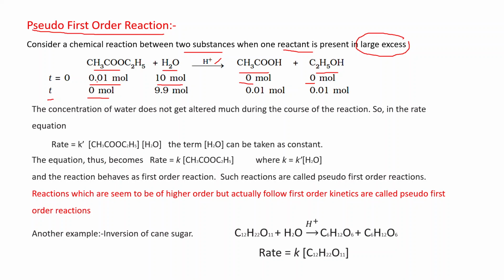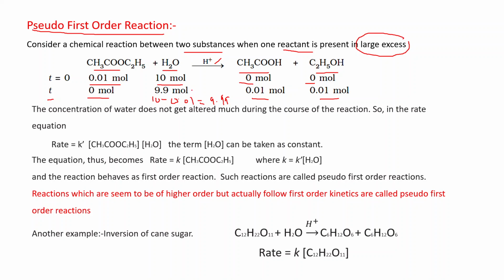When ester reduces by 0.01, the products are again 0.01 each. Actually, water is 10 minus 0.01, which equals 9.99 mole. Now see, this is a negligible change in this case.